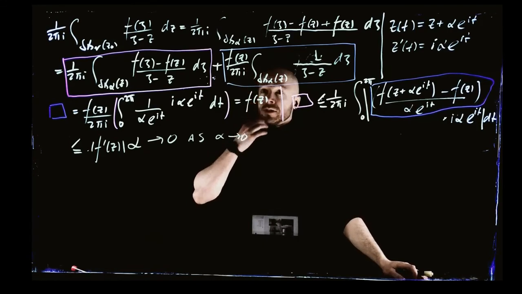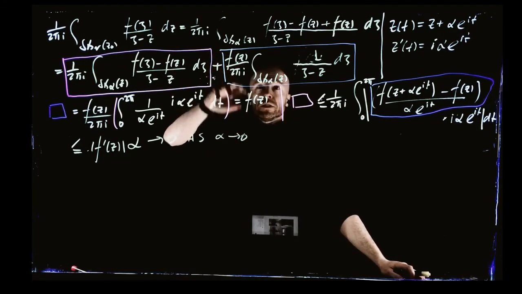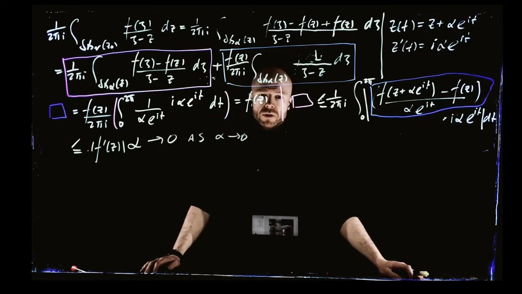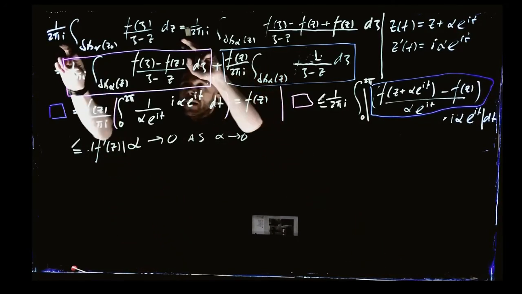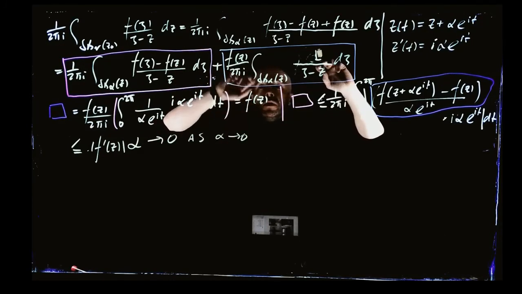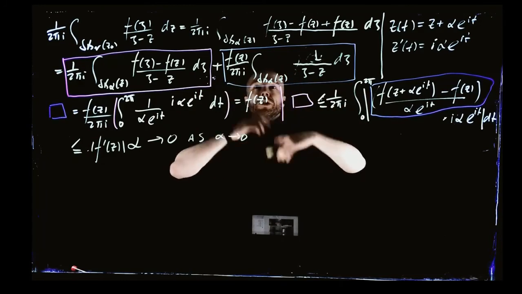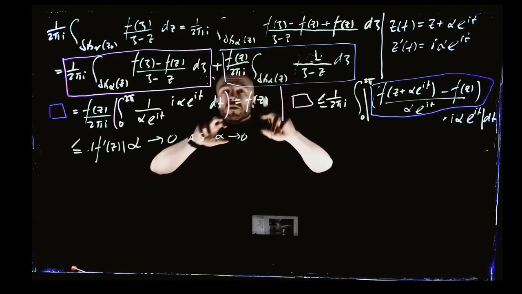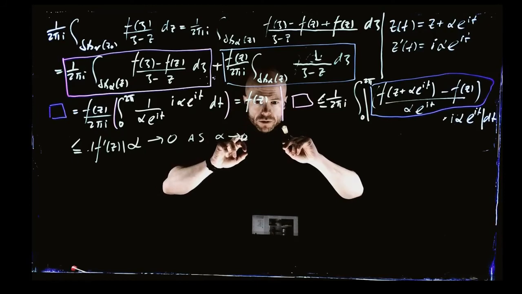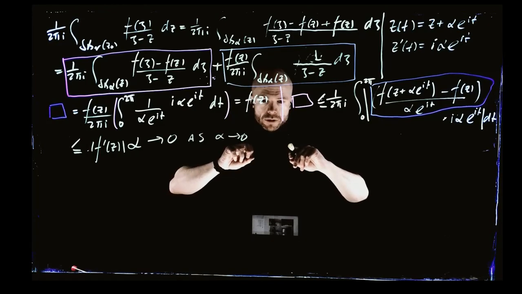And since this formula is true for any choice of small alpha, this thing is actually just equal to this thing, which we showed was just equal to f itself. Cool.